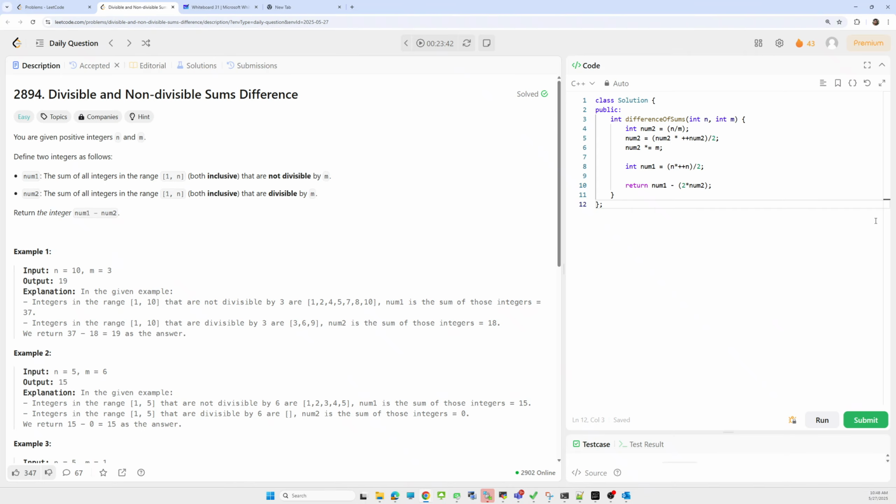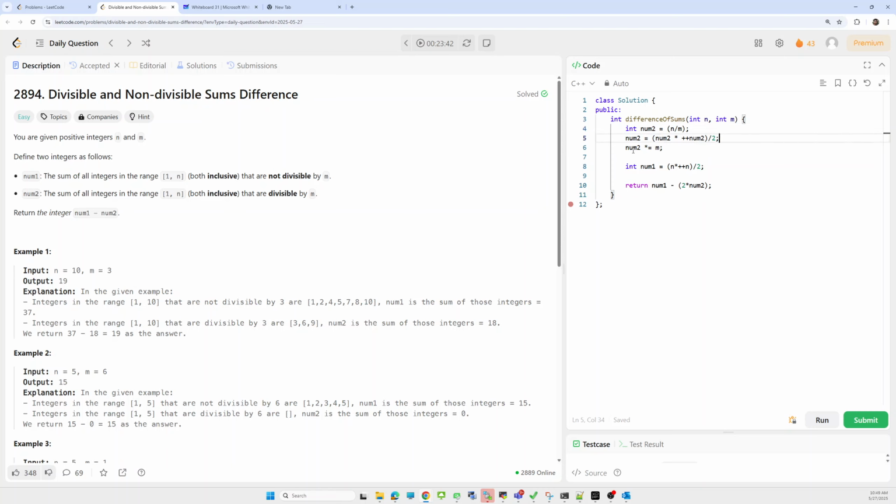Now let's see how we calculate num2. First we calculate the number of multiples of m from 1 to n. How do we calculate it? n by m. Then we calculate the sum of the multiplications for these num2 multiples: num2 times num2 plus 1 by 2.